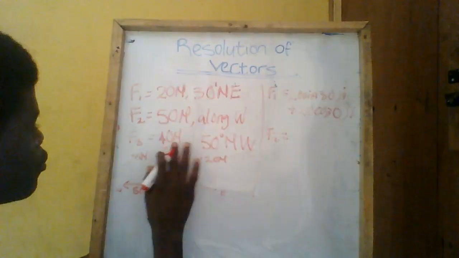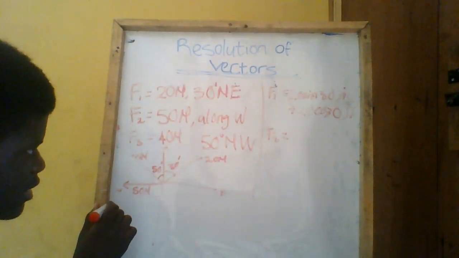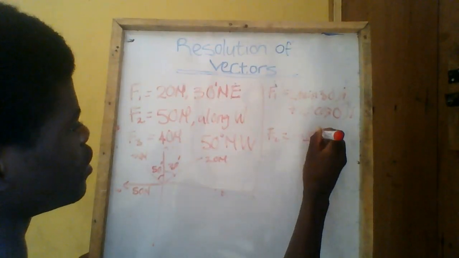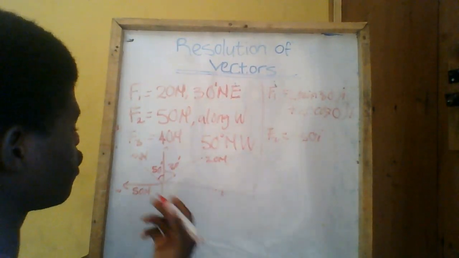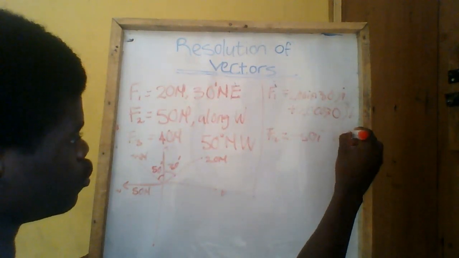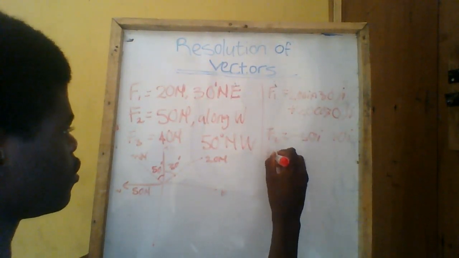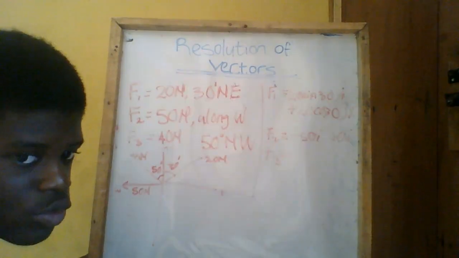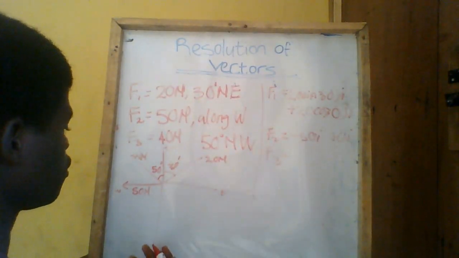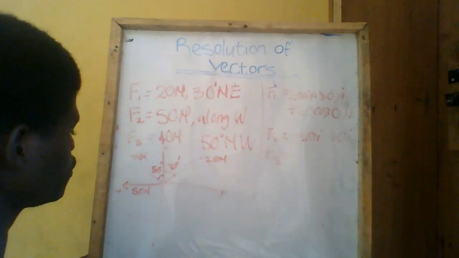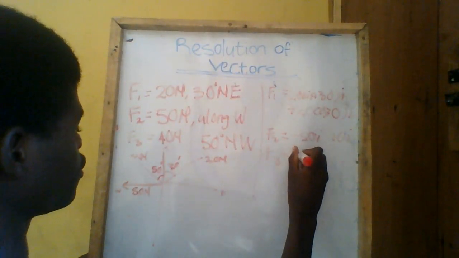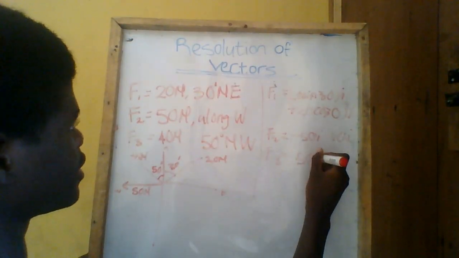Because it is in the negative x axis, it's minus 50 i, and it does not have a vertical component, so it will be plus 0j. So F3 should be able to do that. You can just complete the formula and find the answer. So the x component is 50 sine.